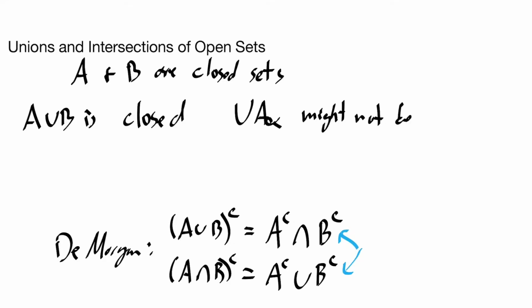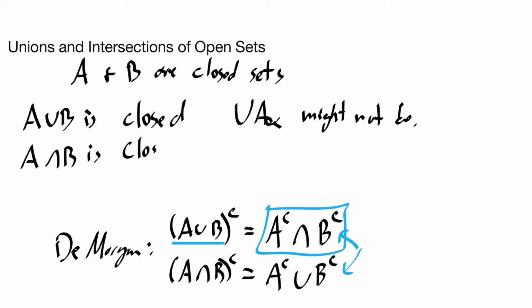Why is that? When we're doing the proof that A union B is closed, we're going to be using this theorem, so we're using the facts about A complement intersect B complement, and we know that infinite intersections might not be open, so infinite unions of closed sets might not be closed. And then similarly, A intersect B is closed, and an infinite intersection is as well.